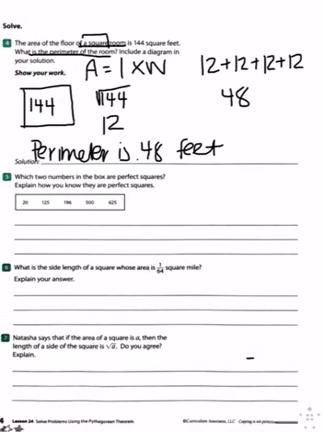Number 5, which two numbers in the box are perfect squares? Explain how you know they are perfect squares. So the perfect squares are 196 and 625.